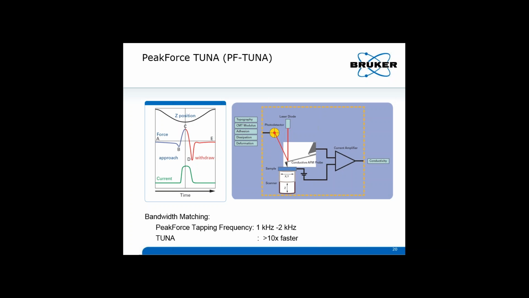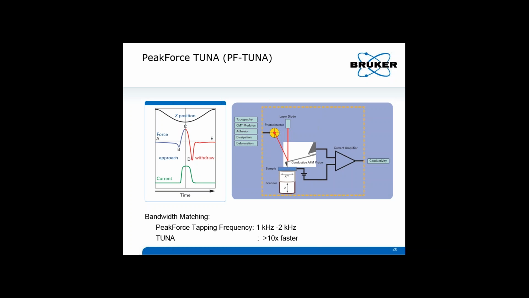The second requirement is to get a correlated topography image and current image on the sample at the same time. Now the question is whether we can use tapping mode plus the tuner module together to get the desired result.